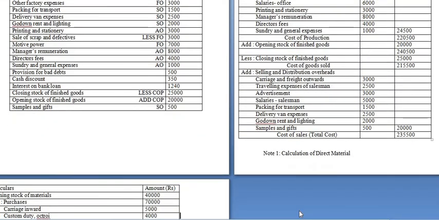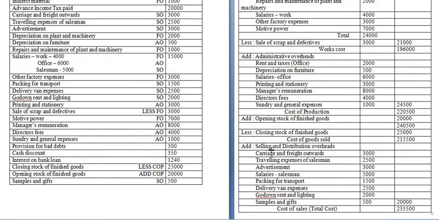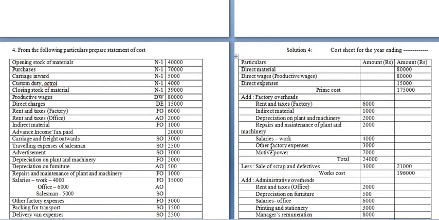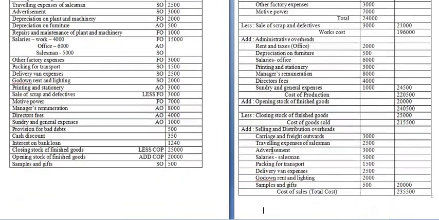Now go through the problem. If they have given you sales or any information relating to profit, no such information is given, right? Okay. It means this itself is called as cost of sales or total cost, as they have not given any information related to sales as well as profit. So this itself is the answer.